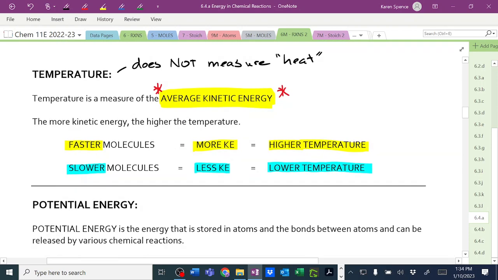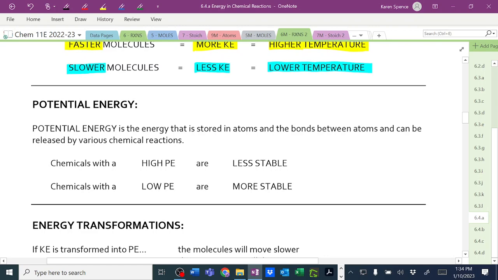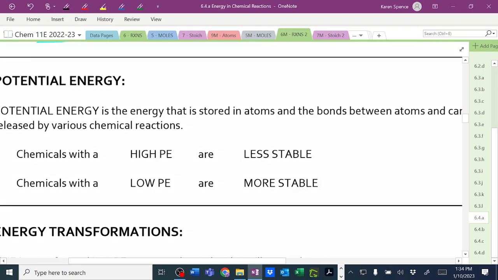Potential energy. Potential energy is stored in the atoms and the bonds between the atoms and can be released by various chemical reactions. Chemicals with a high potential energy are less stable, okay?